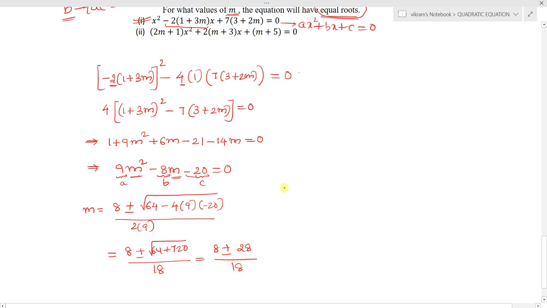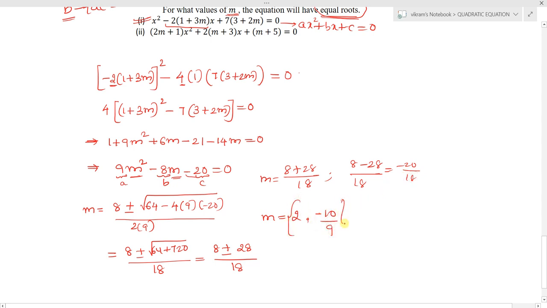We take one as 8 plus 28 by 18 and the other as 8 minus 28 by 18. Then the values of m are 36 by 18, which is 2, and the other value is minus 20 by 18, which we can write as minus 10 by 9.